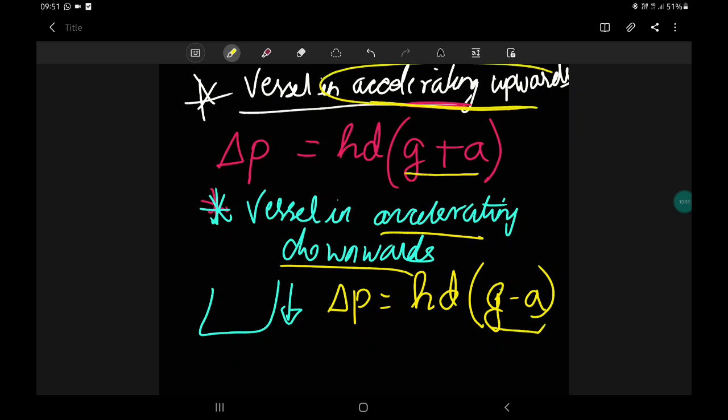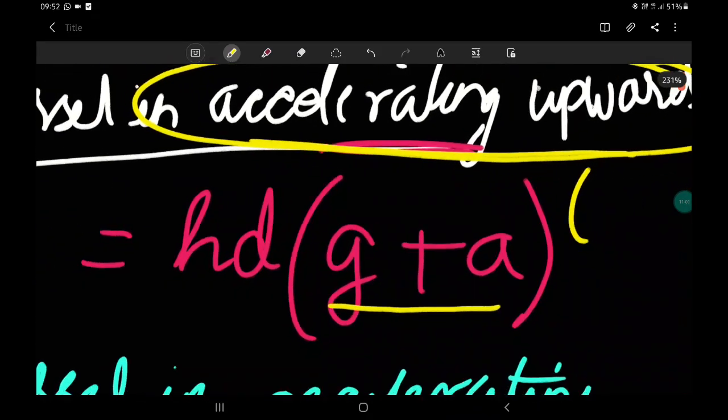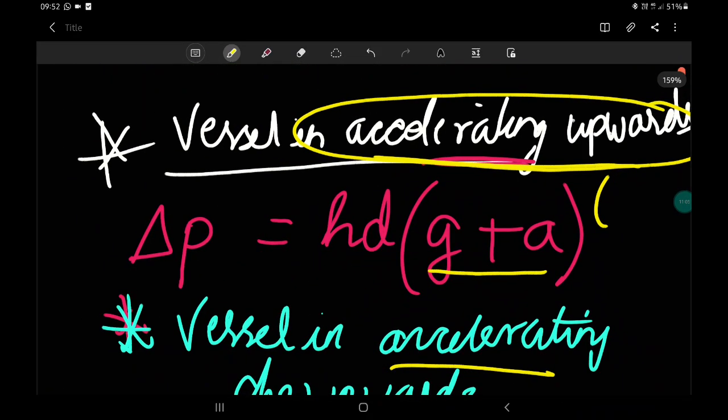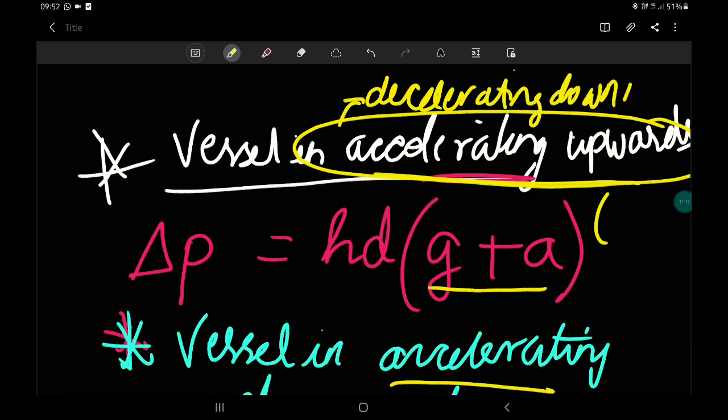For accelerating upwards, they can also say decelerating downwards. Just find out whether it is finally going up or coming down. Decelerating downward means the acceleration towards down is decreasing, which means it is going up.